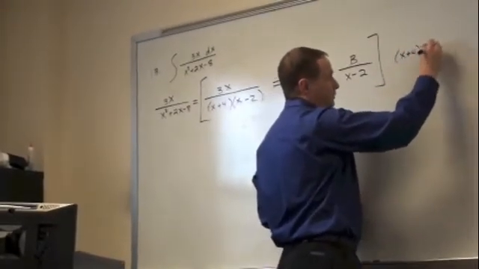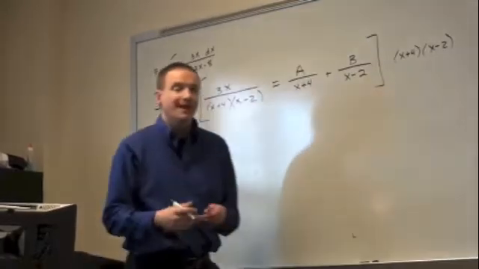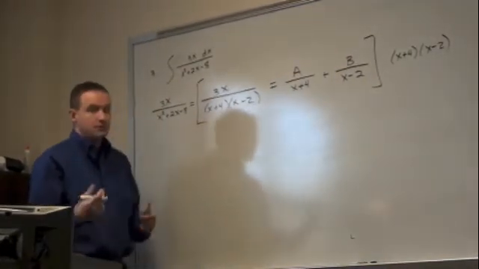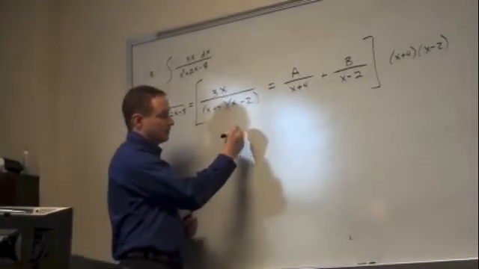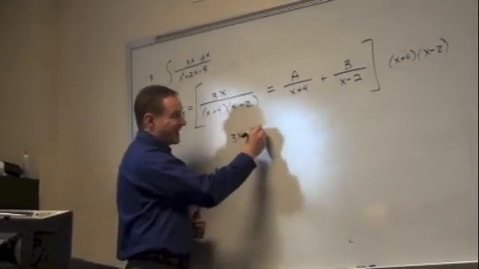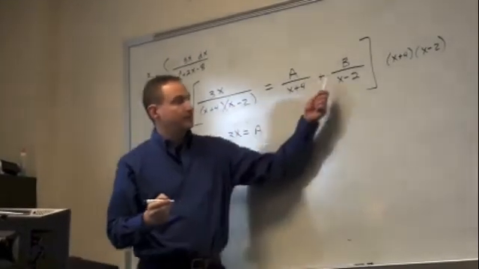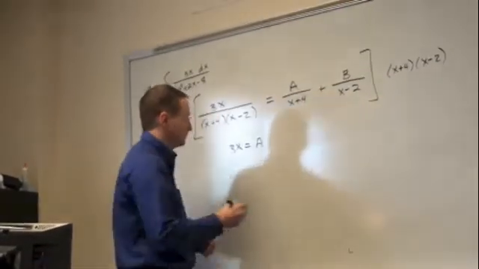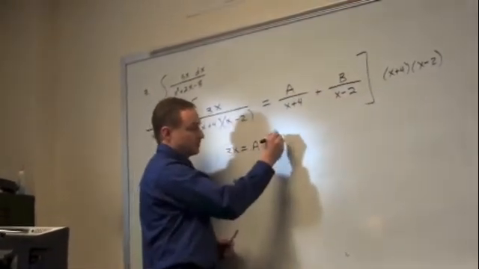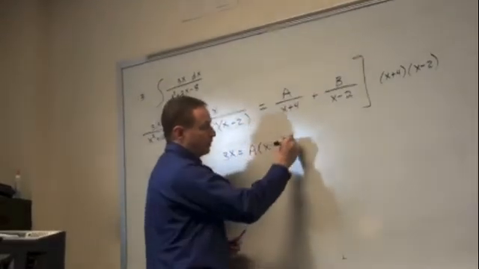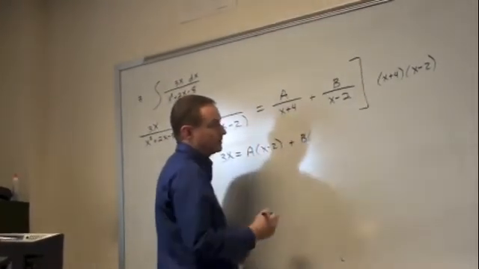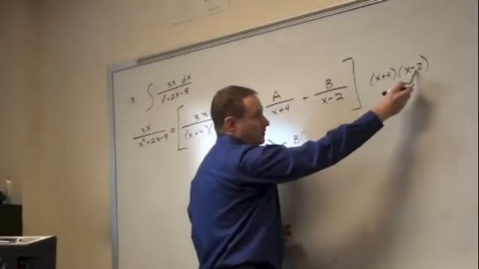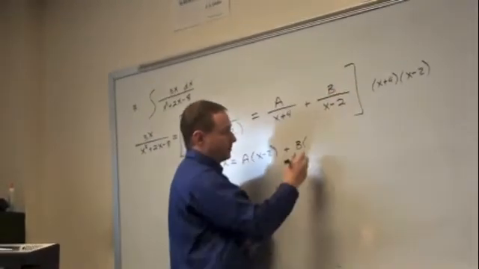Since it's an equation, we can do that. This will give us on the left just 3x. On the right, you'll see a times this x plus 4 and this x plus 4 cancels. You'll have a times x minus 2. Then you'll have plus b times this x minus 2 and this x minus 2 cancels. You'll have b times x plus 4.